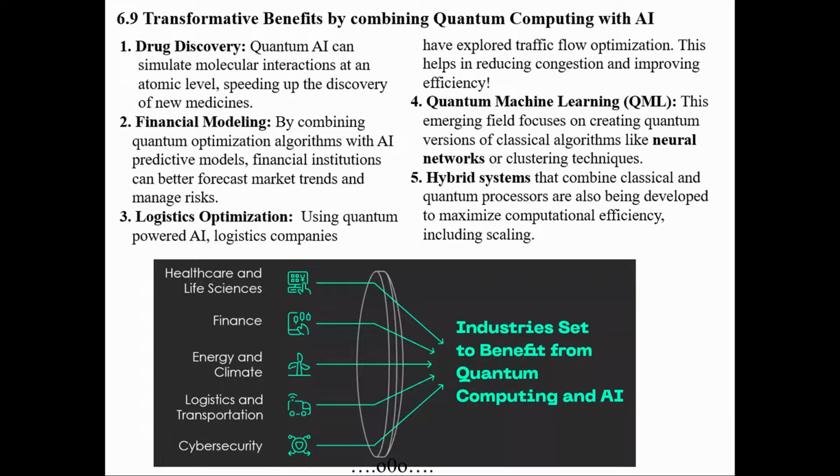Then quantum machine learning, this emerging field focuses on creating quantum versions of classical algorithms like neural networks with decision nodes, and clustering techniques also. And to have a reasonable scaling, these hybrid systems can be used.